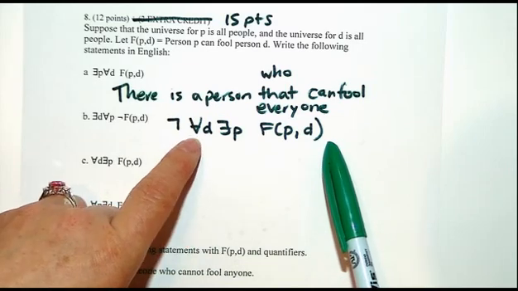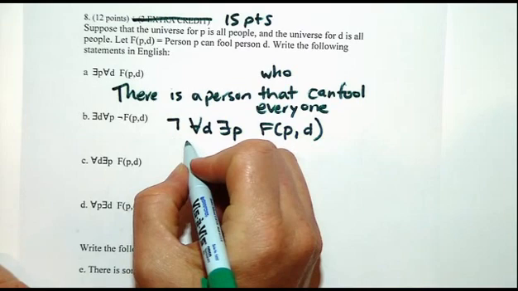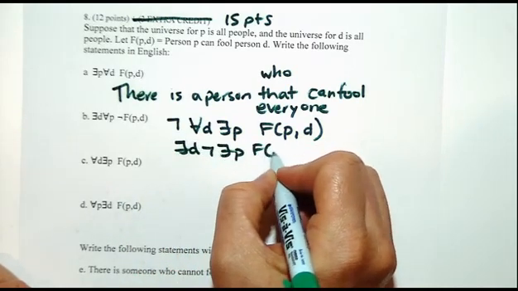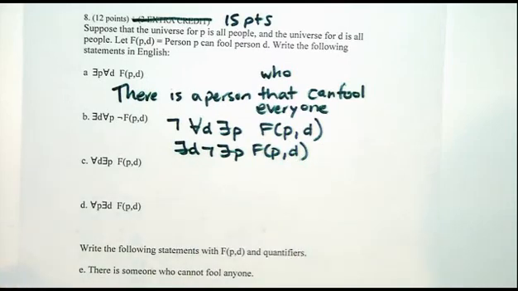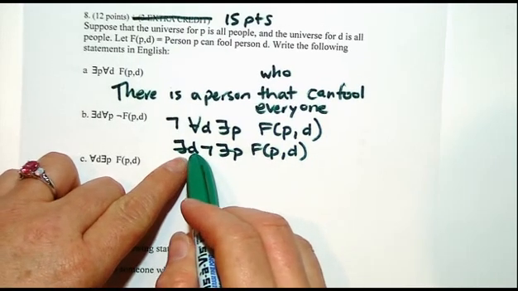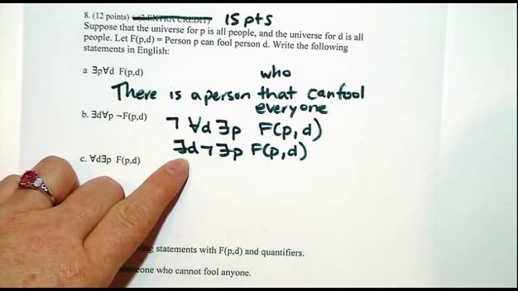So I actually think this one would be easier if I move the not over. I think this one might be the easiest one to write. So you can move the nots wherever makes it easier to write. So this says, there's a person that no one can fool. Right?